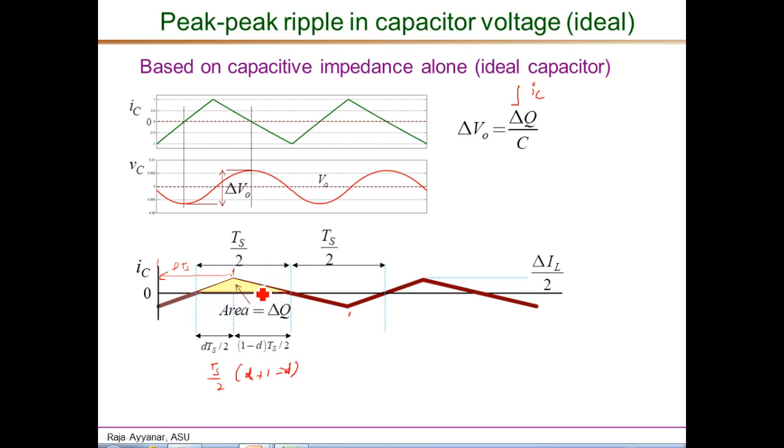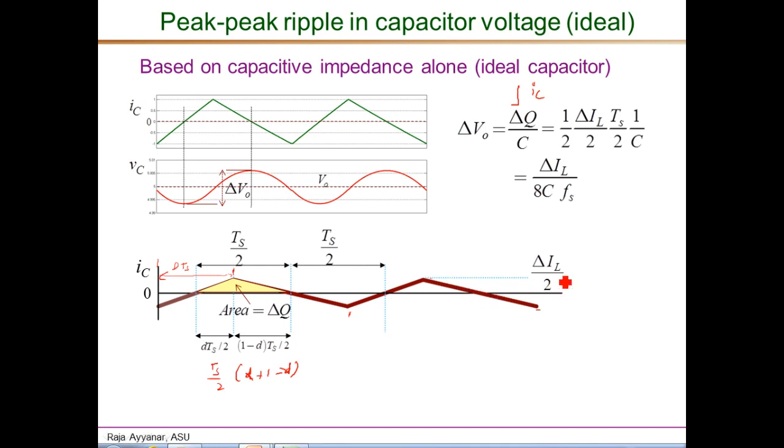We want the area under the triangle, so that is 1/2 times this magnitude, which is delta IL over 2. The current in the capacitor is really just the ripple part of the inductor current. The peak-to-peak ripple in the inductor current is delta IL, so from this negative to this positive is delta IL.